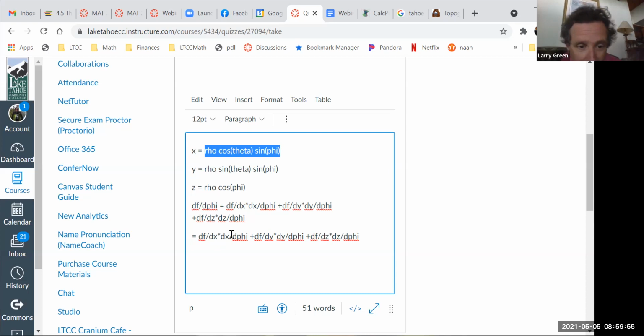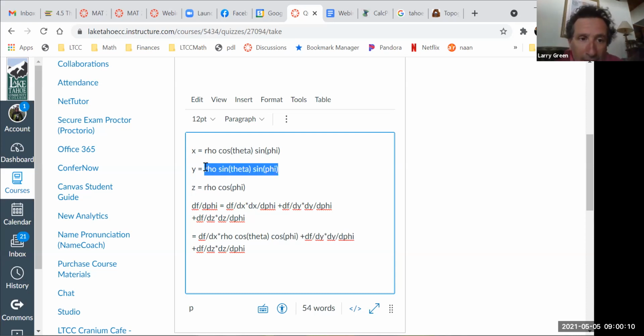So I'm going to copy, paste it in here and do an adjustment. That sine becomes a cosine. And then similarly, del y del phi will be rho sine theta cosine phi.